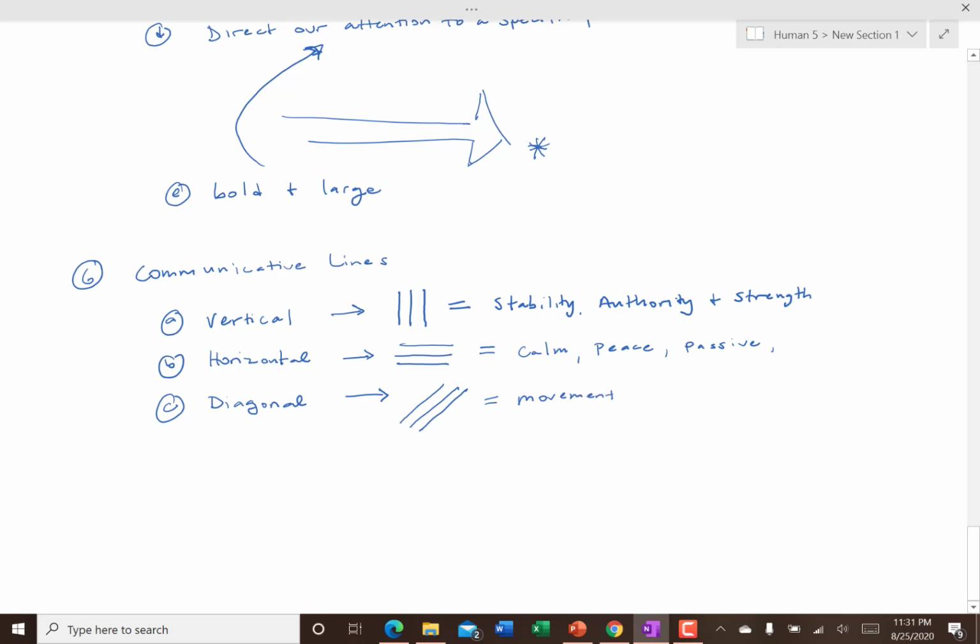Action and motion and change. Okay, so these basic lines create a sense of communicating different ideas. And you can use them in a couple of different ways.